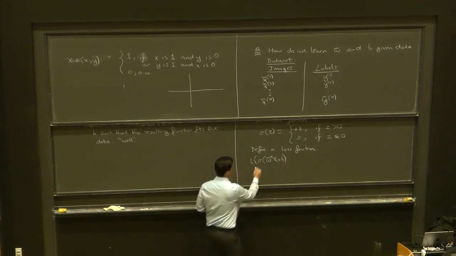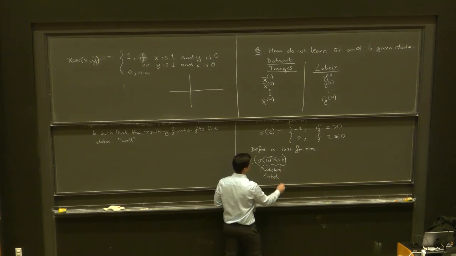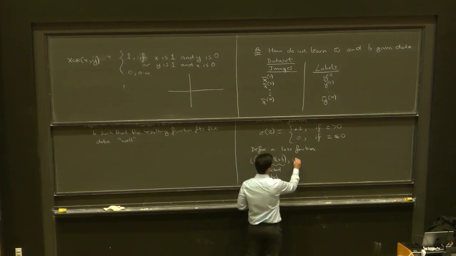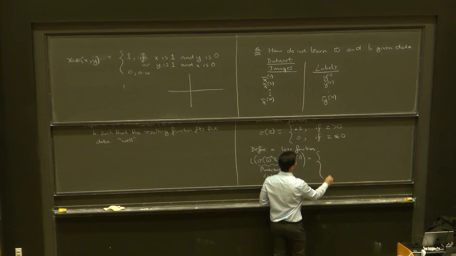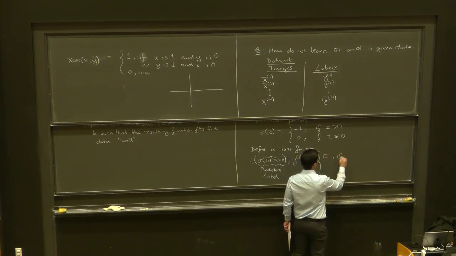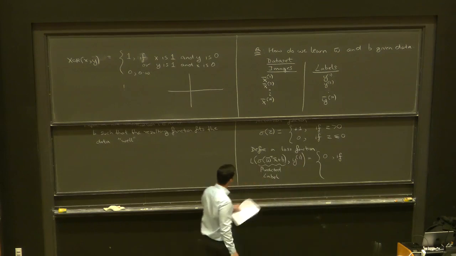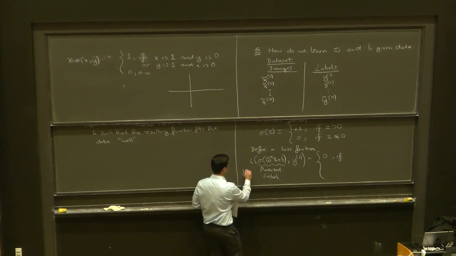One is the predicted label, and the actual label, yi. And this function outputs 0 if, actually let's give this a name, this thing we call yi predicted.